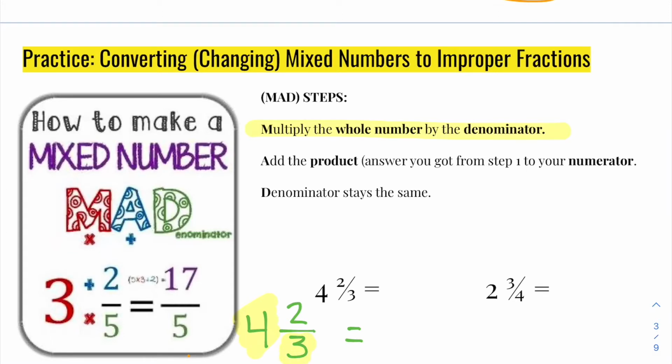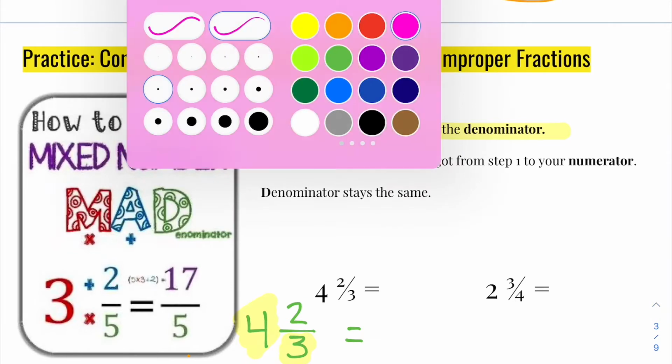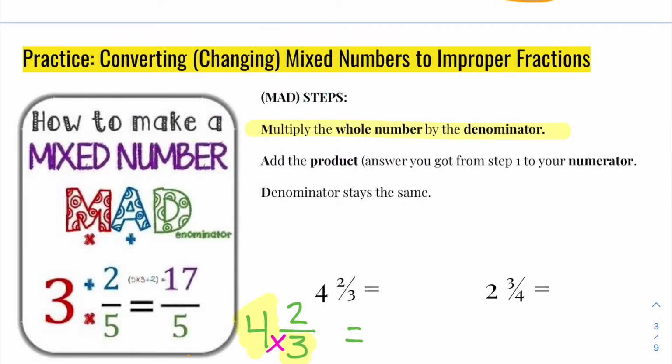And I will highlight. I know my whole number is 4 and my denominator is 3. So I'm going to multiply the 4 times the 3, and that will give me 12. My next step in the MAD strategy is to add the product, or the answer that I got from step 1, to my numerator.